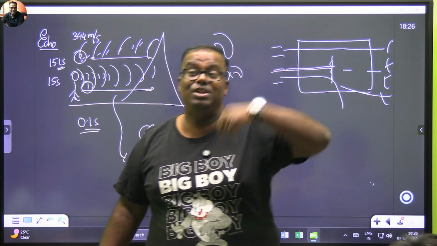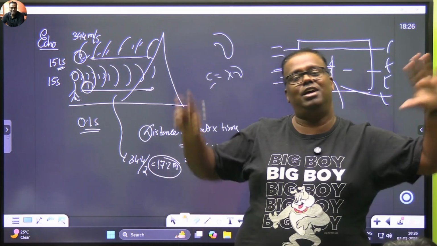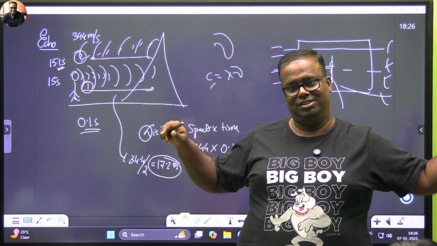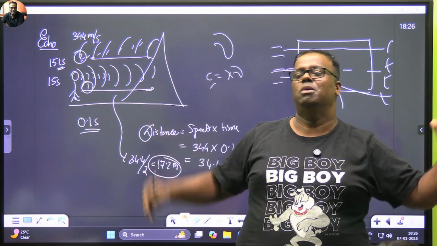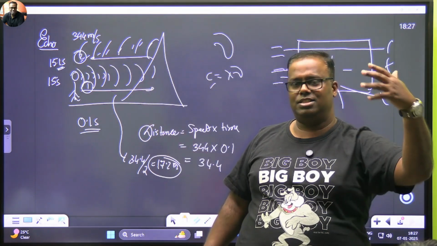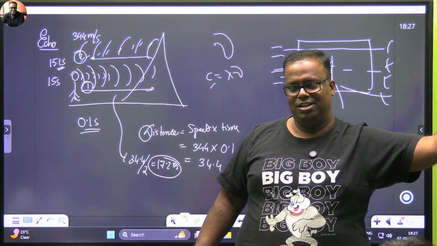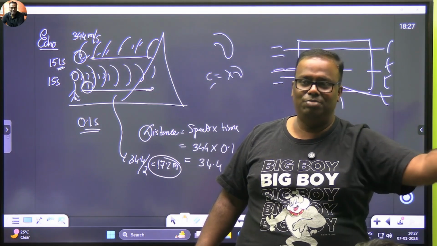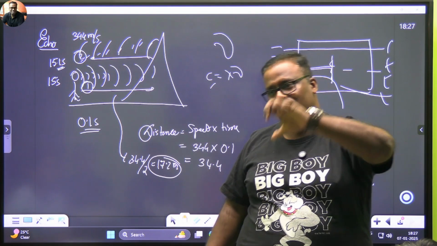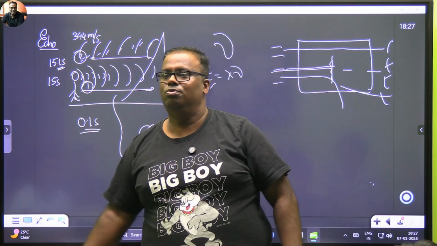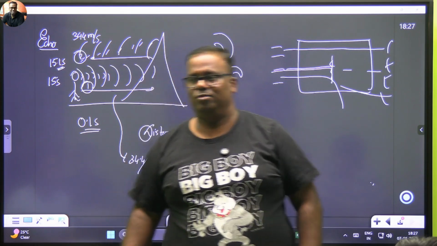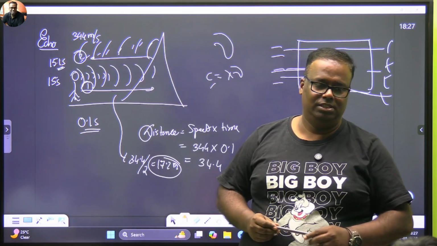For frequency, we need time period. Time period will be in the story. A so and so speaker beats so many cycles in so many seconds. That gives me the time period. From there I get frequency. From frequency, I will multiply it with the wavelength. That's how we get it.